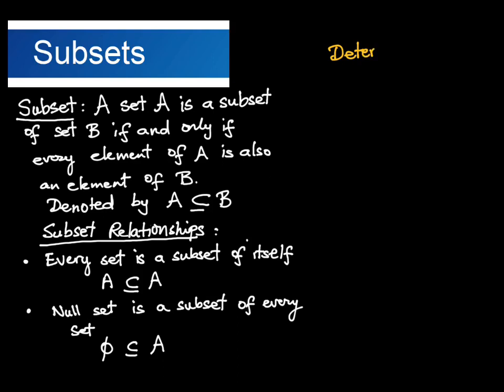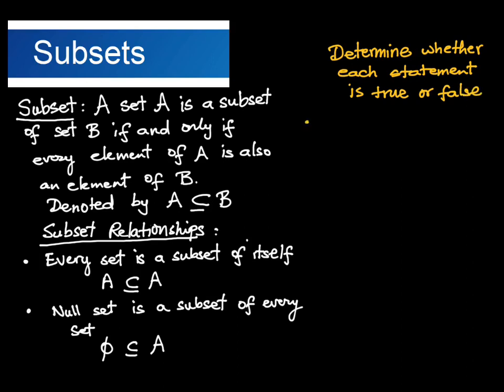Let's see some examples here. The first one is asking you to determine whether each of the statements given to you is true or false. All right, the first one.